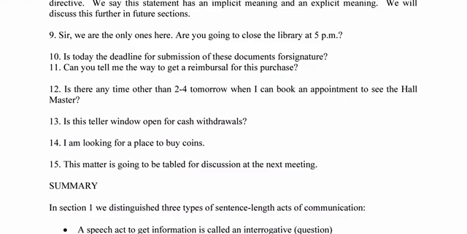The person who said, can you tell me the way to get a reimbursement for this purchase, will not be satisfied if the stranger or the person he asks just said, yes, I can, without any further action. He needs instructions. He needs direction, but he's asking politely. Okay, so this is an example of an overtly interrogative and covertly imperative.